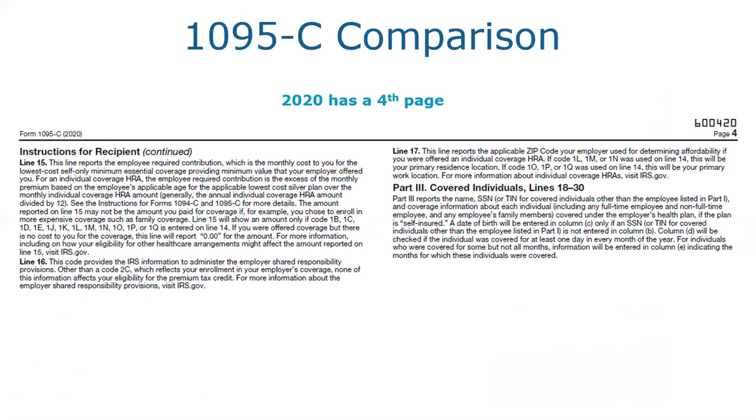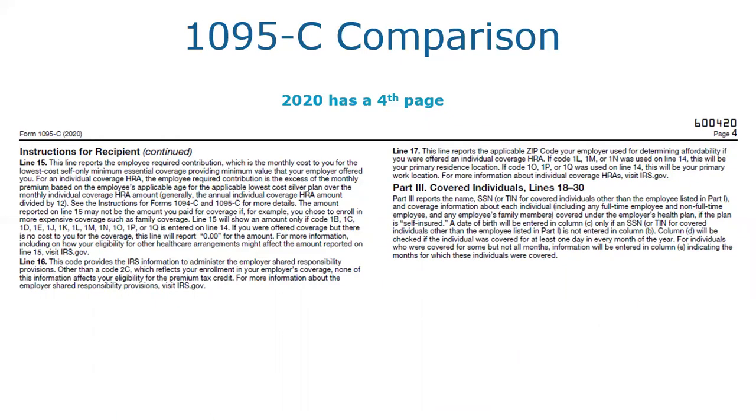When we looked at page 2 and we were reviewing those codes, there are also instruction pieces on that page from 2019, but due to the length and size of the instructions, 2020 has added a 4th page just for the remaining instructions. Now keep in mind, if you go to the IRS website and you review the forms, there is always a separate document filled with instructions.